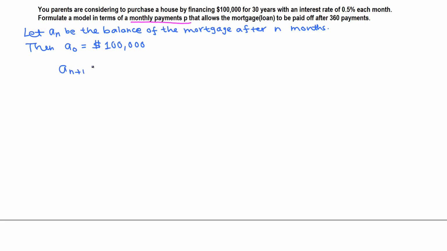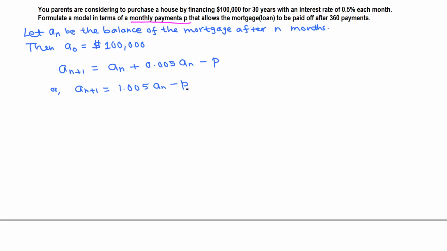The balance in the next month is equal to the previous balance, which is A_n, plus interest on this, that's 0.005 of A_n, and minus the payment P. That's the same as A_(n+1) equals, we can add these two, one copy and 0.005, so 1.005 A_n minus P.